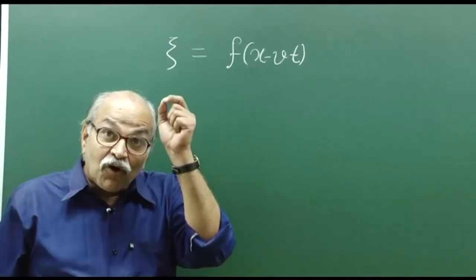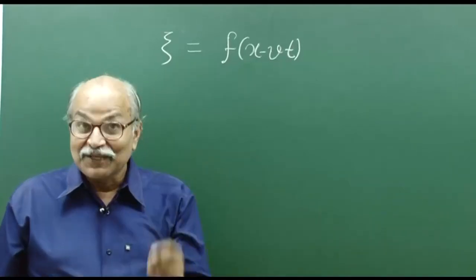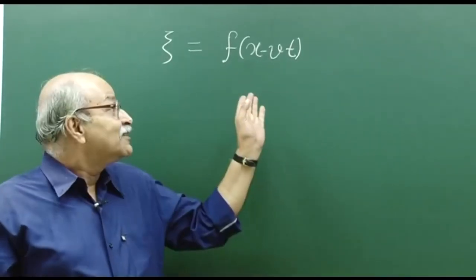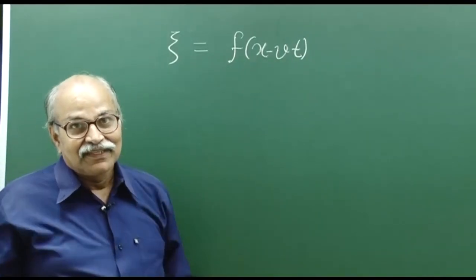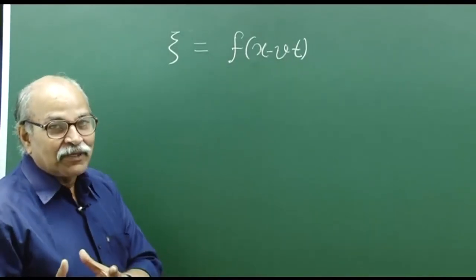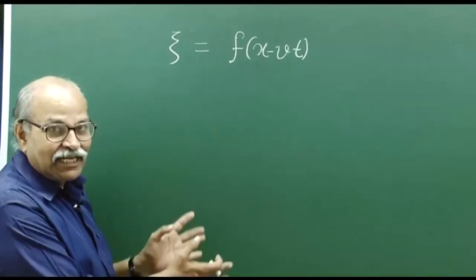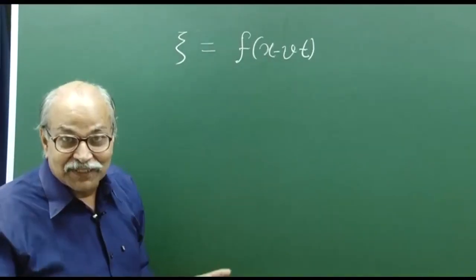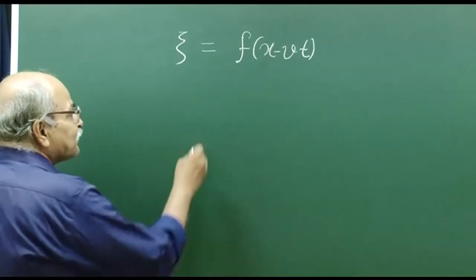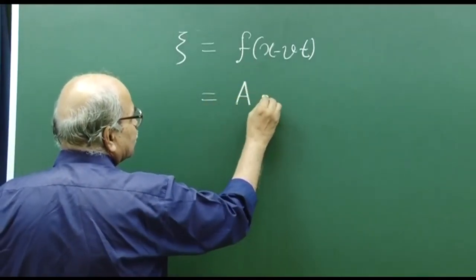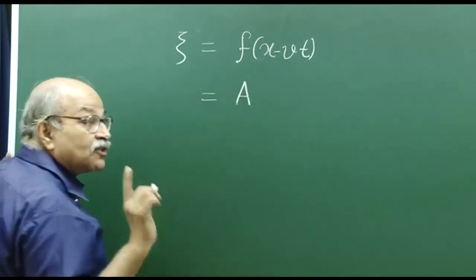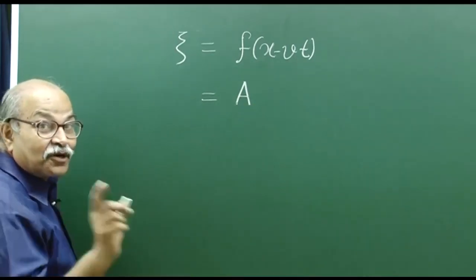Now, if you want oscillations at a particular frequency, then the functional form of this gets narrowed. One very common function, simple, easy to deal with in mathematics and very, very important, will be when you have oscillations which are sinusoidal, sine function or cos function.